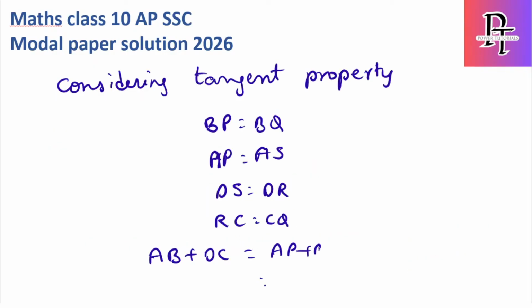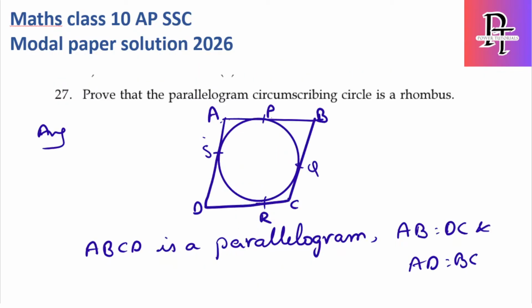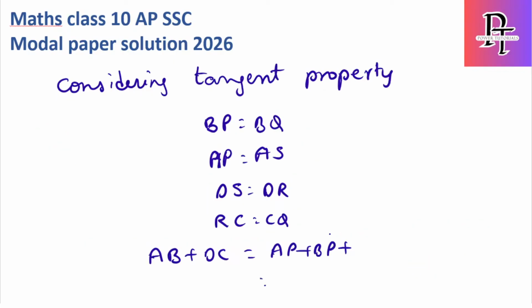CD is DR plus RC. Now just write the equivalents. AP will become AS, BP is BQ, DR is DS, and RC is nothing but CQ.